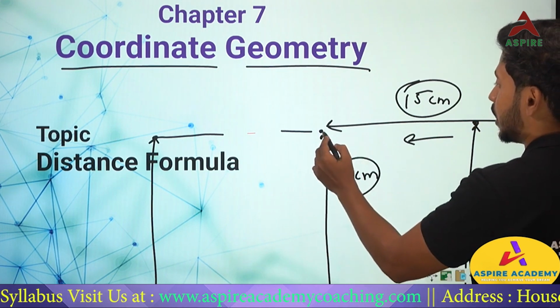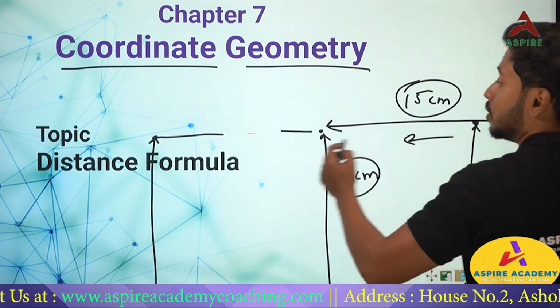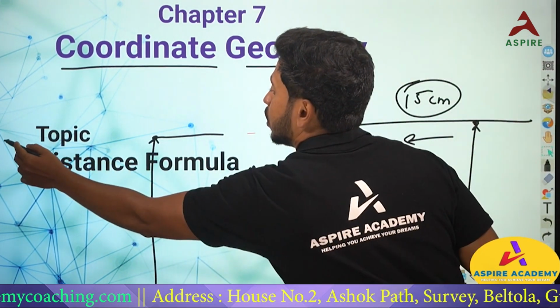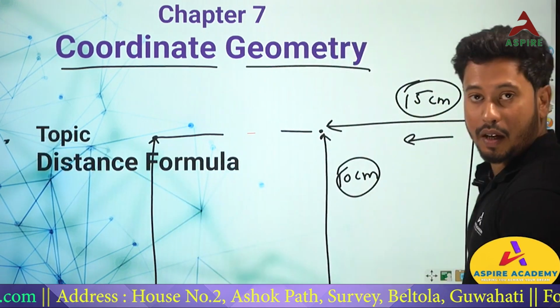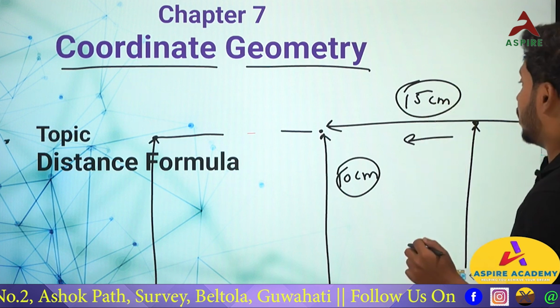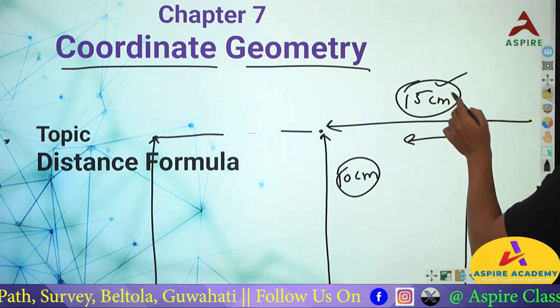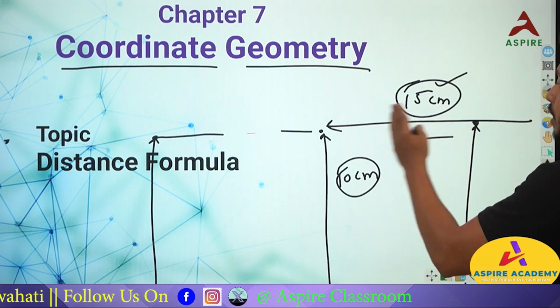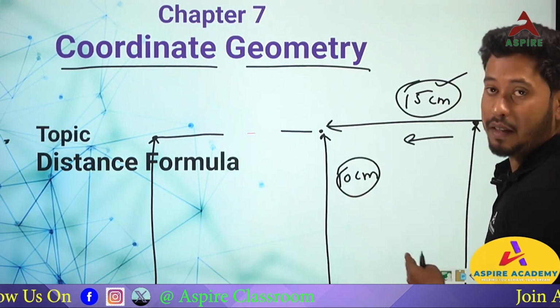That means this point can be here, here and here also. All these 4 points are 10 centimeter above the ground, right? And next I need this distance also, that is 15 centimeter from the right side.